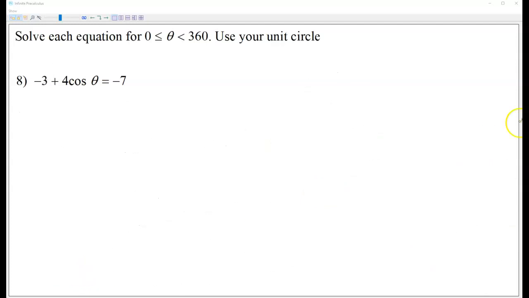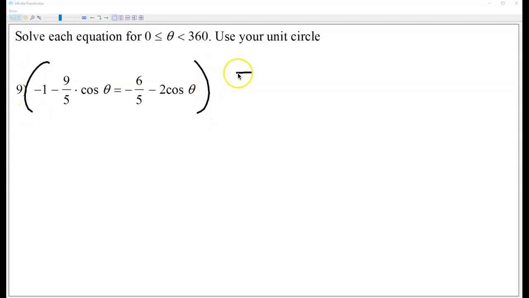All right, let's go ahead and take a look at number 9. Now, sometimes you'll see these types of questions with outside operations, and they're going to have fractions. Nobody likes fractions. So the first step when you have fraction problems is to multiply everything by the denominator so that you can get rid of those fractions. So I'm going to multiply everything by 5.